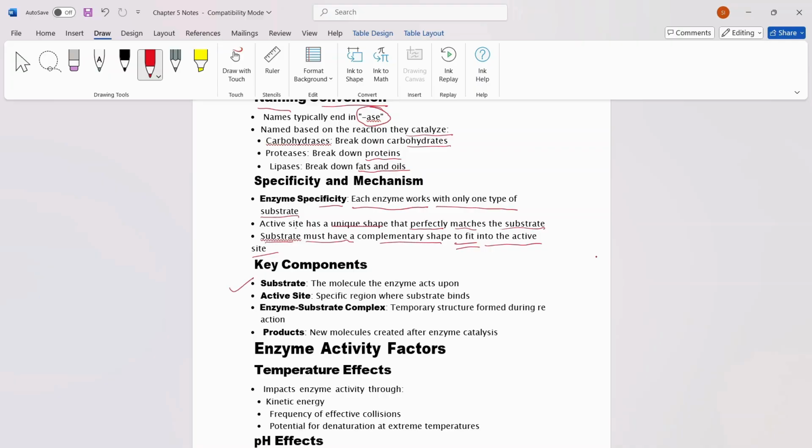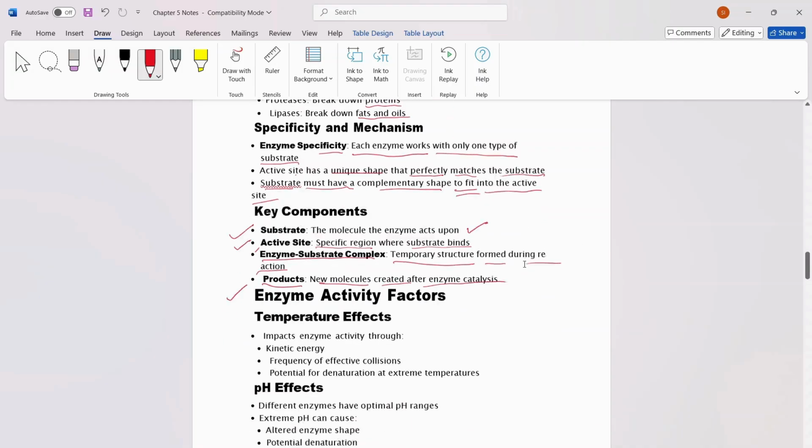Key components: substrate, the molecule the enzyme acts upon; active site, the specific region where the substrate binds; enzyme-substrate complex, a temporary structure formed during reactions; and then products, the new molecules created after enzyme catalysis.